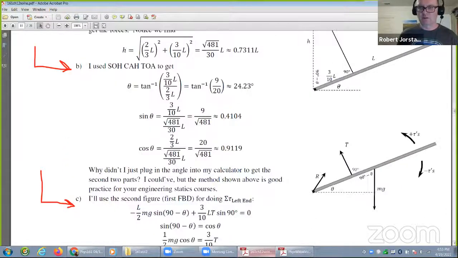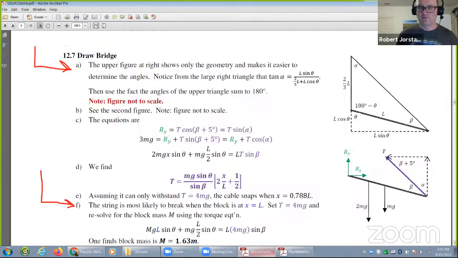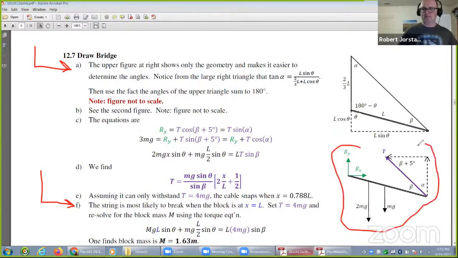Well, there was one that works, but I want to show you that drawbridge one. This drawbridge one is a great example. The issue here is if you use this one FBD, this is sum of forces in the X. This here is sum of forces in the Y. And this last one is sum of torques.